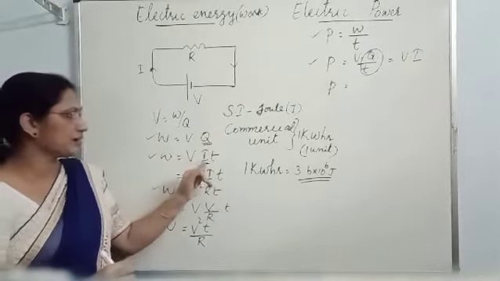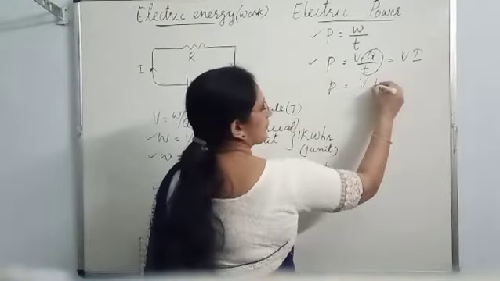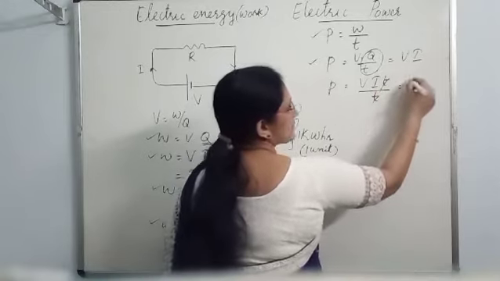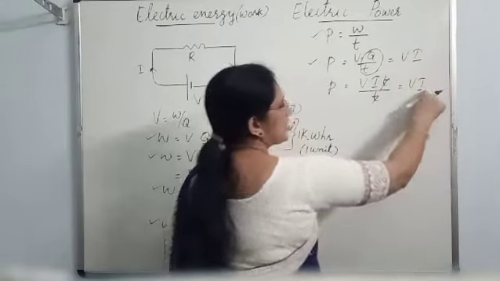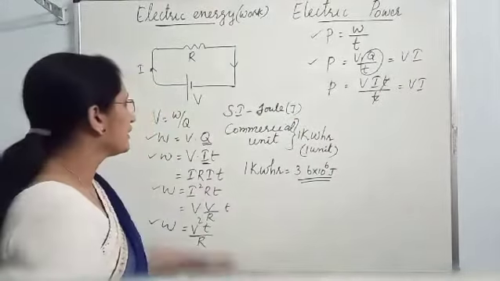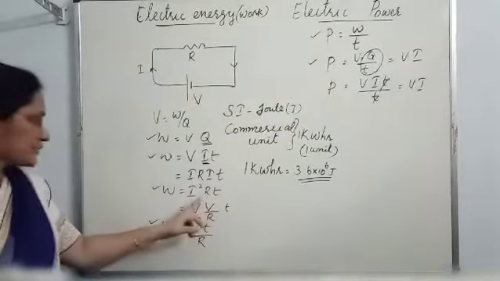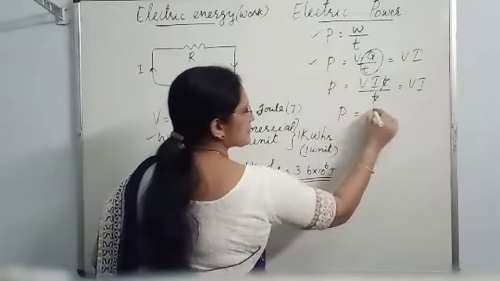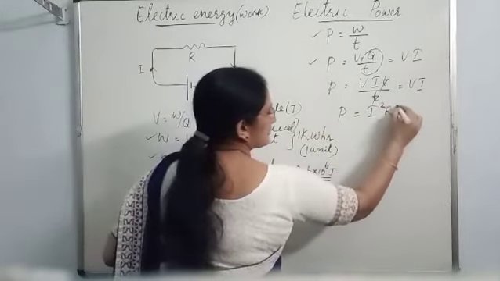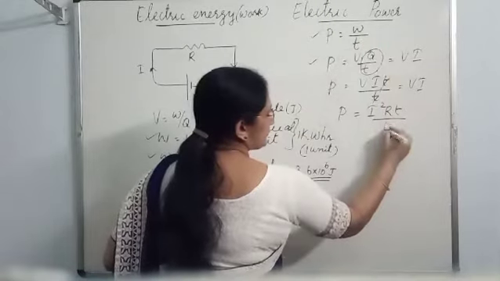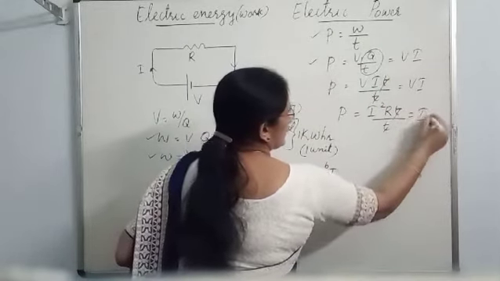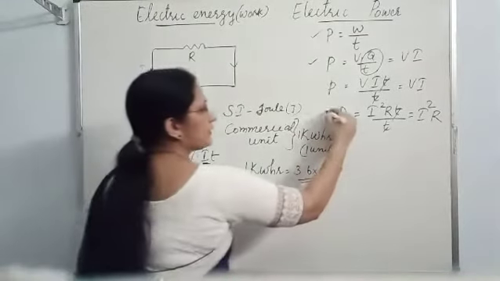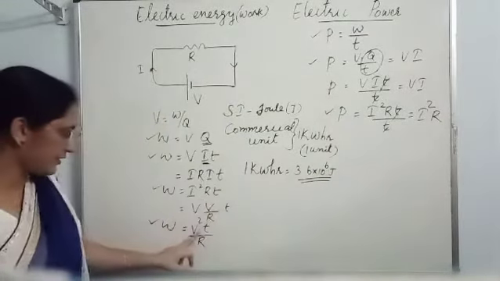Then for work, you can substitute second equation also. W is equal to VIT upon T. So T and T gets cancelled. Again the same equation is repeated, V into I. Again in the place of W you can substitute this equation. W is equal to I square RT. Then power is I square RT upon T. You will get the equation I square R. Another formula for power is I square R. Again next equation.